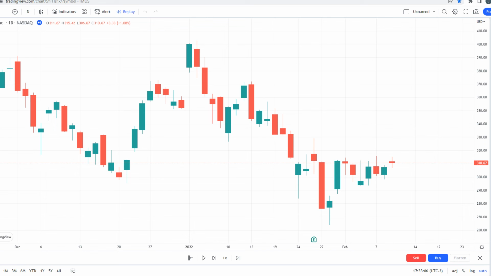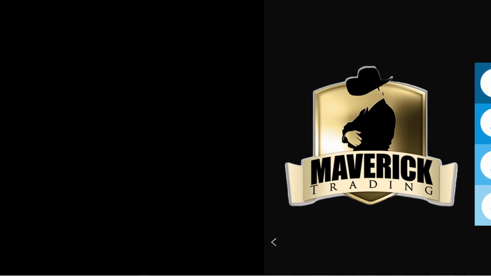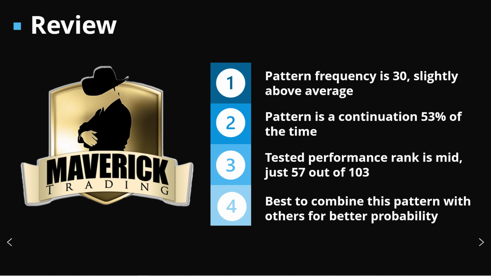Let's get into a little bit of our review. Now, it's no different from the previous pattern, if you guys have been following along with this, which is the bullish Marubozu. I'm just going to skip down to number 4. This thing is best if you combine it with other types of patterns or situations in the charts as well for better probability.